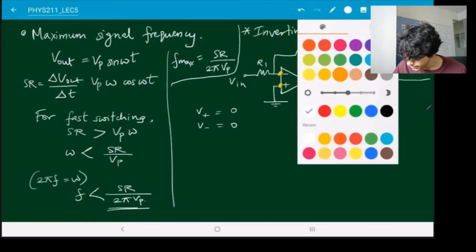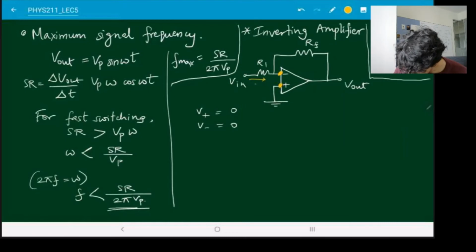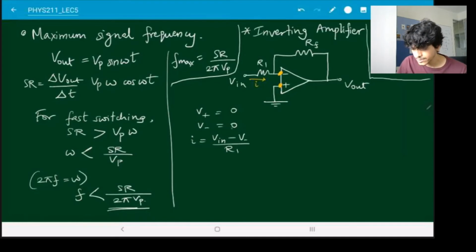Now let's try and find what is the current flowing through this resistance R1. This current is going to be V in minus V minus divided by R1. V minus, as we have seen, is 0, so this is just V in divided by R1.